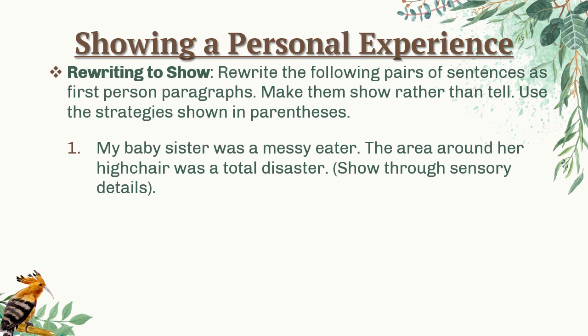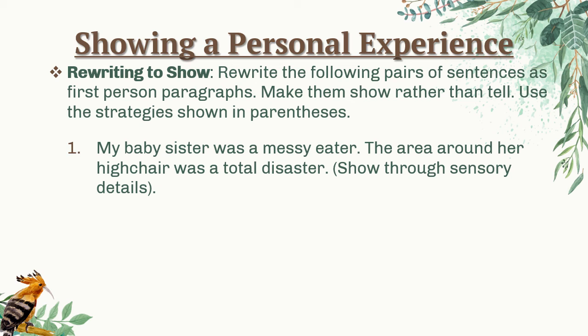Okay, for example, number 1. My baby sister was a messy eater. The area around her high chair was a total disaster. Okay, so these sentences just come out and tell you she's a messy eater, everything around her just a disaster. Well, instead of saying she's a messy eater, show me that she's a messy eater through sensory details.